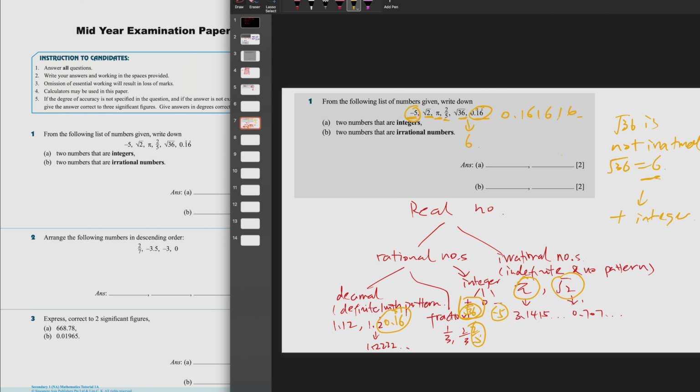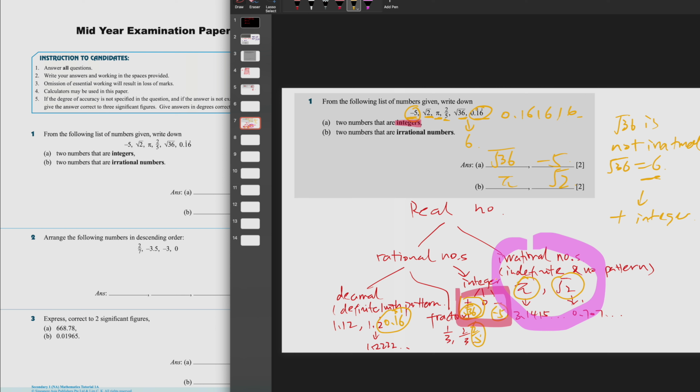Now I can answer the question. They ask for part A, integers. Integer means everything under the integer, so you have square root 36 and -5. And irrational numbers, you basically just look under that branch: pi and square root 2.